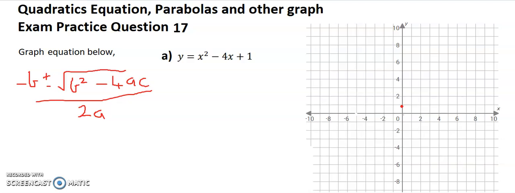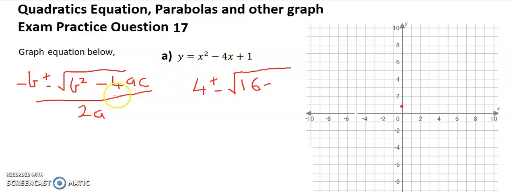So I've got b is negative 4. That means it'll be negative negative, so it'll be 4 plus or minus the square root. B is negative 4, so 4 times 4 is 16.